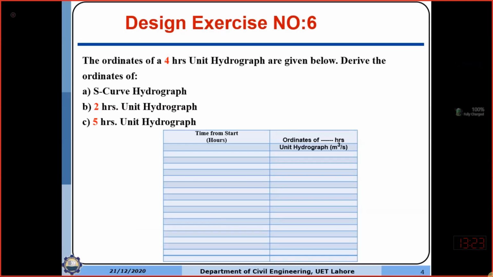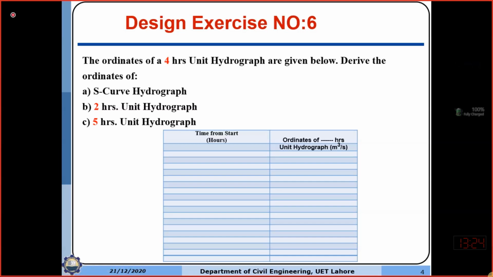Now, suppose you have, for example, a 4-hour unit hydrograph which you have made for a certain area. Remember, the derivation of a unit hydrograph, as we discussed in our previous job, is not an easy way. We have to select a number of rainstorms in an area from many years of past data. Then out of those rainstorms we have to select the one which fulfills our requirement.